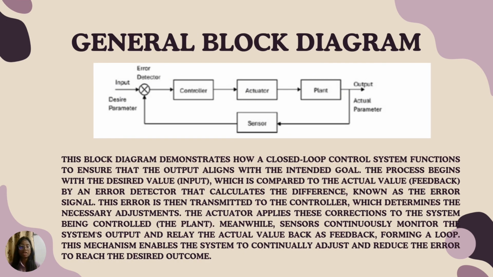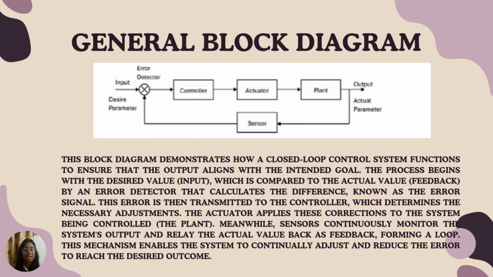The general block diagram starts from input, that is the desired parameter, followed by error detector, controller, actuator, plant, output, actual parameter, and sensor. This block diagram demonstrates how a closed loop control system functions to ensure that the output aligns with the intended goal. The process begins with the desired value input, which is compared to the actual value feedback by an error detector that calculates the difference known as the error signal.